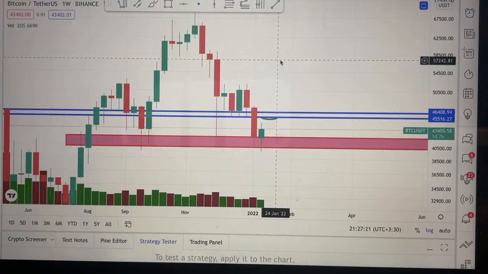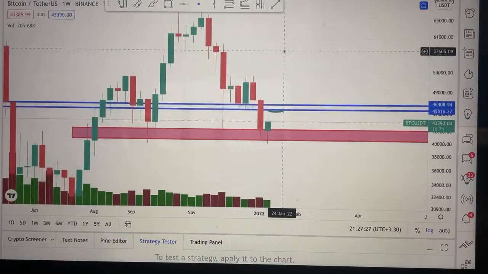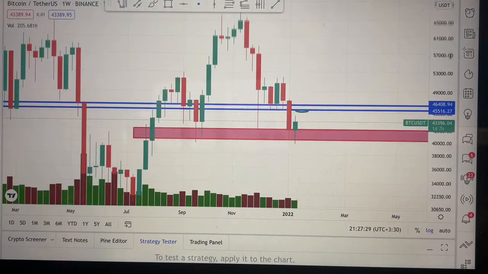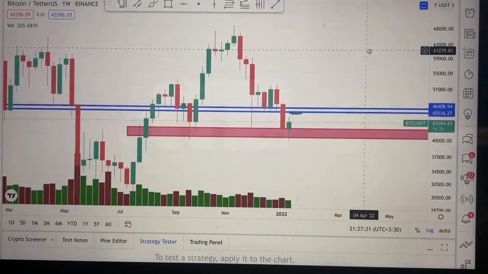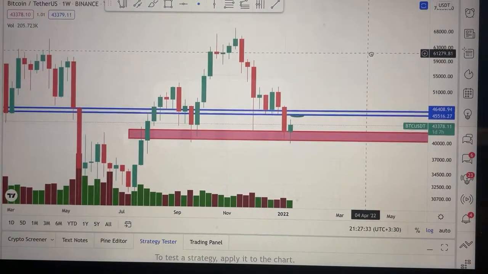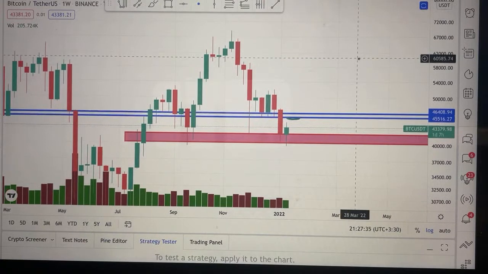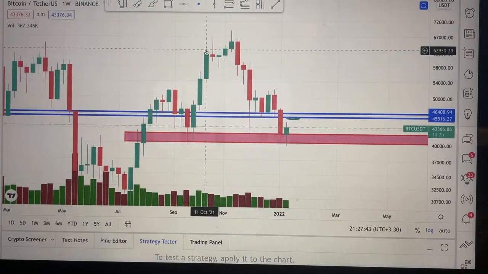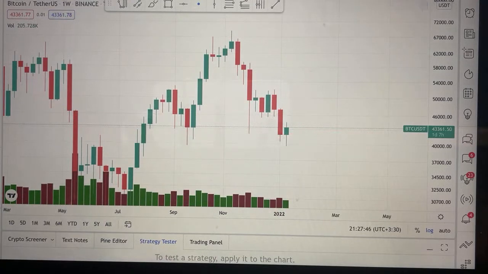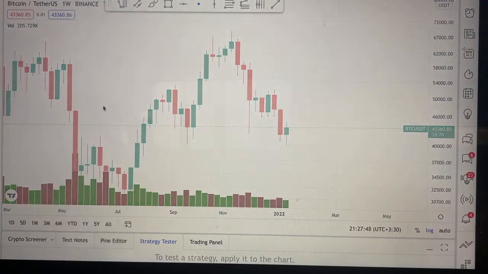If we see a rejection from $46,000, will we have rejections in altcoins too? Yes, we are going to see rejections in altcoins too. So this is everything about Bitcoin with the technical analysis point of view, which is quite important, and we talked about it. Right now in the lower time frames, let's check the 1 hour time frame.